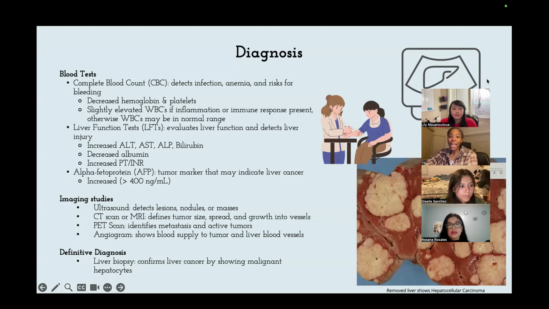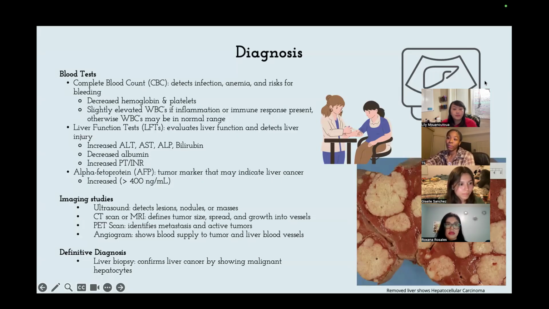Now we have some diagnostics that are used to help diagnose liver cancer. So doctors can order a CBC, and with that, you would see a decreased hemoglobin due to the liver's inability to support blood production, as well as low platelets because it's not able to produce thrombopoietin.